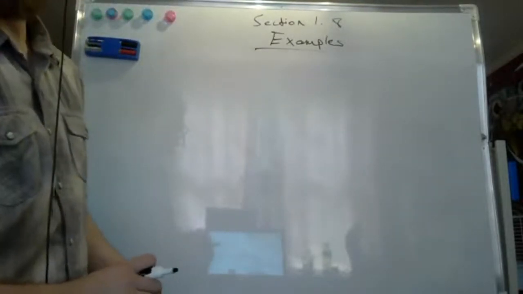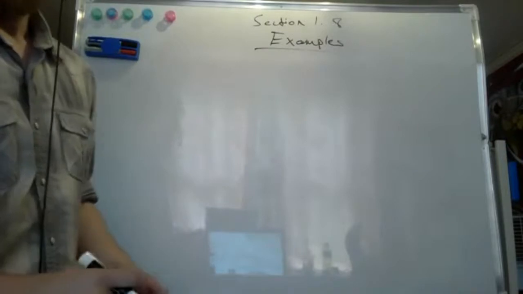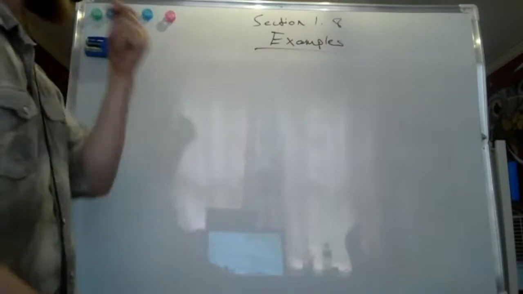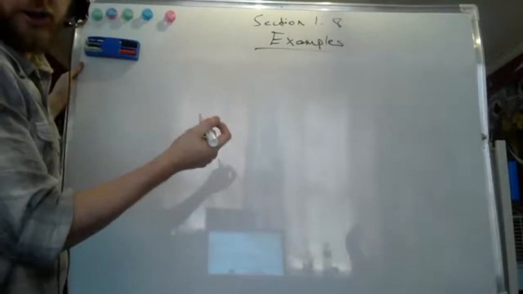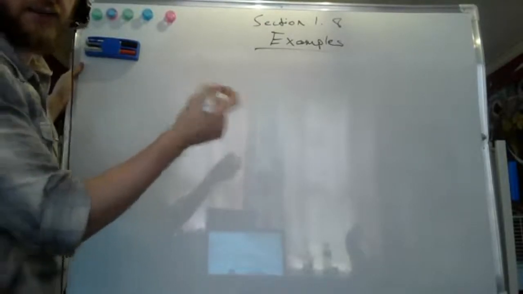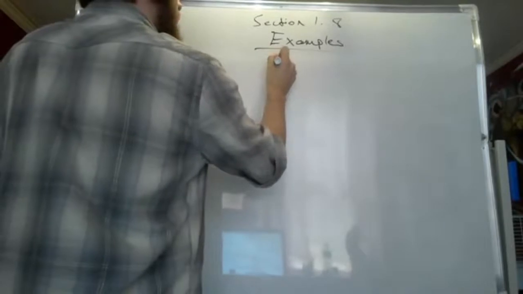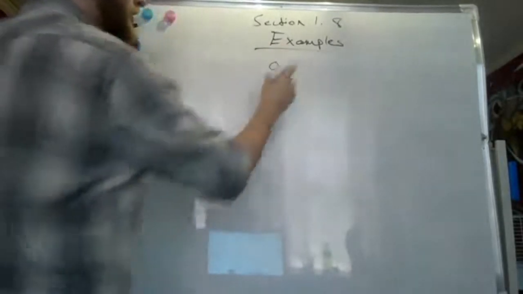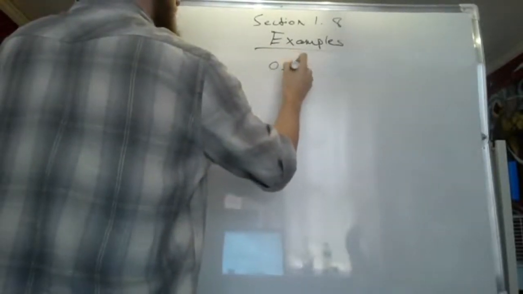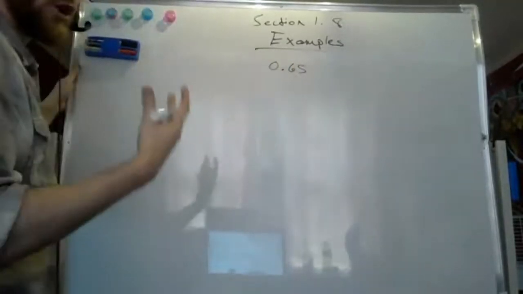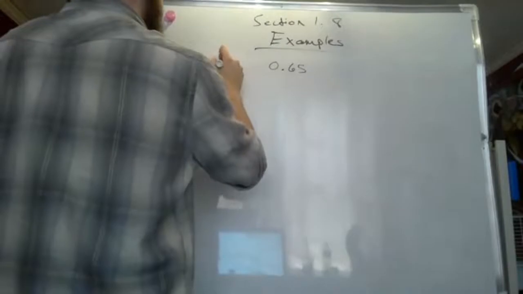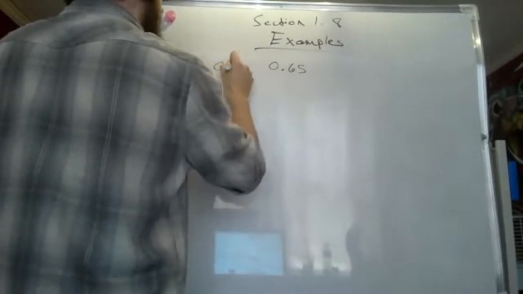For a long-distance call, the telephone company, so this is for a particular company, charges 65 cents. So assuming that the money is in dollars, I'm going to write 65 cents as 0.65. So the charge is a cost, so this has something to do with our cost function.